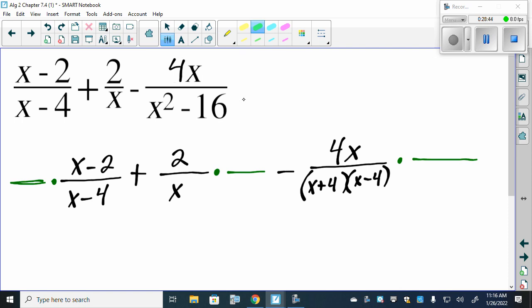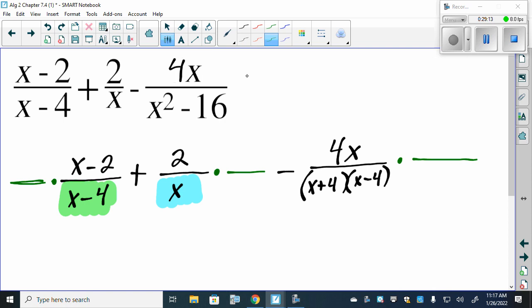A highlighter. So we can look at the x plus 4 or x minus 4 first. It doesn't matter which one we look at first, we just need to pick one and do it with the other 2. So what does the middle one, x, have that x minus 4 doesn't?